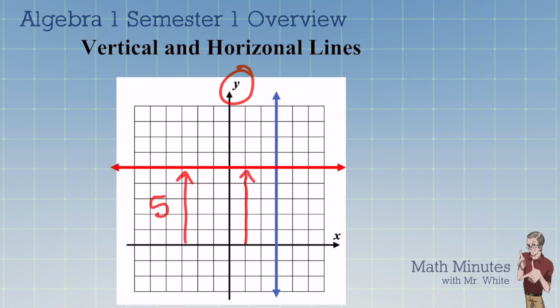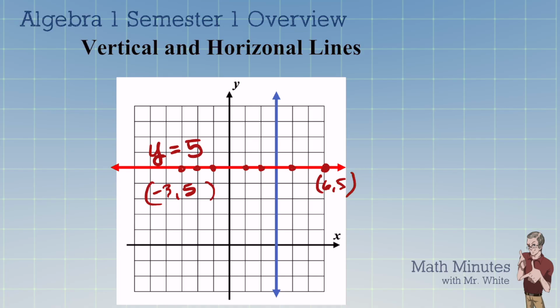And the height is a y value. So this red equation is y is always 5. It doesn't matter what x is. Here, here, here. X can be anything, but y is always 5. So this, for example, is negative 3, 5. Over here, this is 6, 5. You see how y is always 5 on the red line.